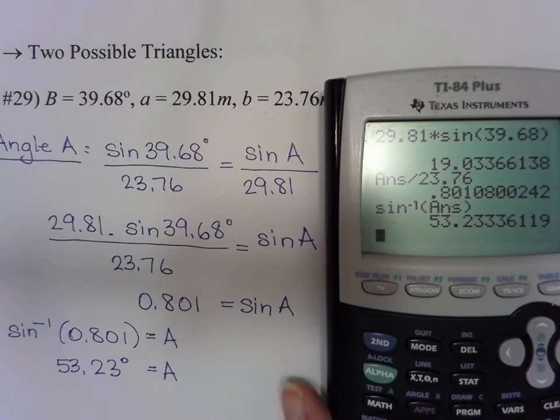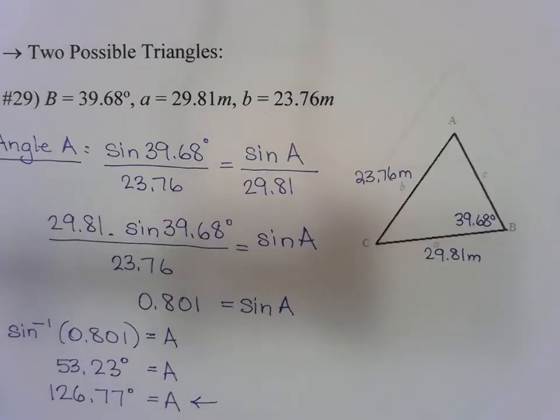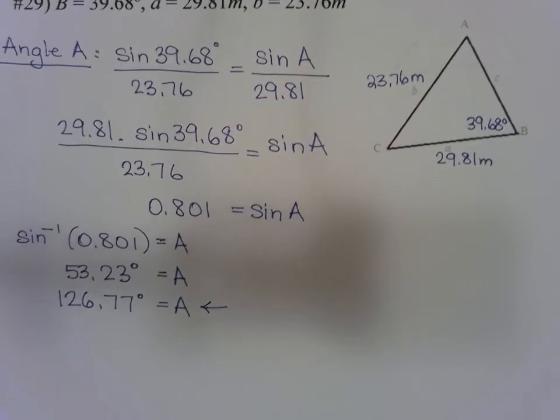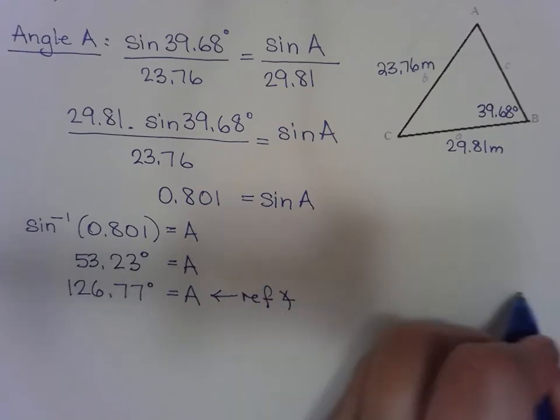There is another possibility, and that is 180 minus 53.23 degrees, which would be 126.77 degrees. This would be a reference angle. Think of the unit circle.